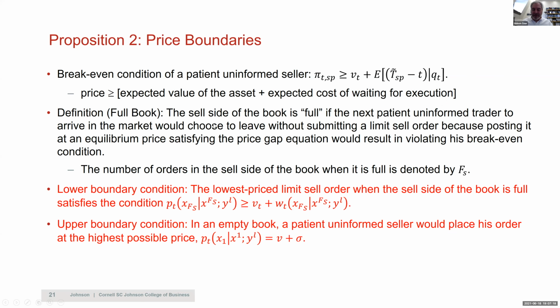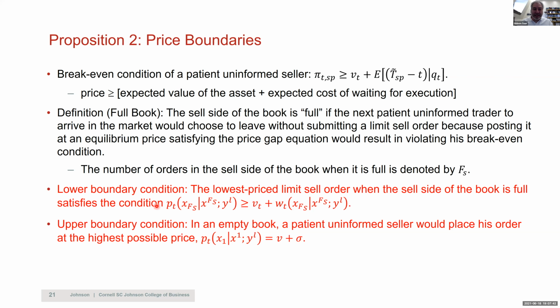So we define something called a full book. The sell side of the book is full if the next patient uninformed trader who arrives in the market would choose to leave without submitting a limit order, because submitting it at an equilibrium price that satisfies the gap equation would result in violating this break-even condition, and so it's not worthwhile for him, so he's leaving.